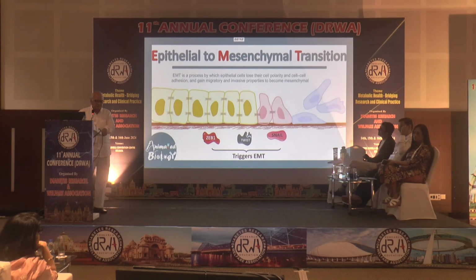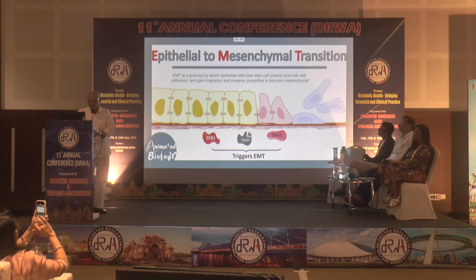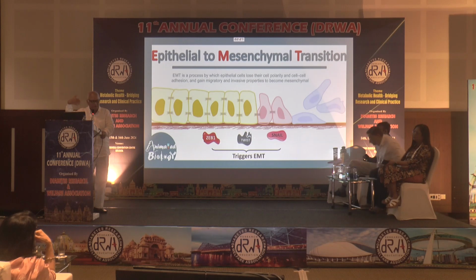This is a good word which is coming now in molecular medicine: epithelial mesenchymal transition. When the local army fails, there's a riot in Bengal, there's a political problem, then you ask the central forces to come.